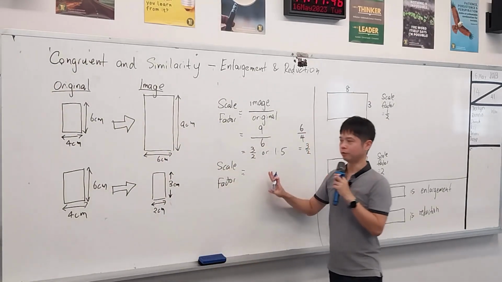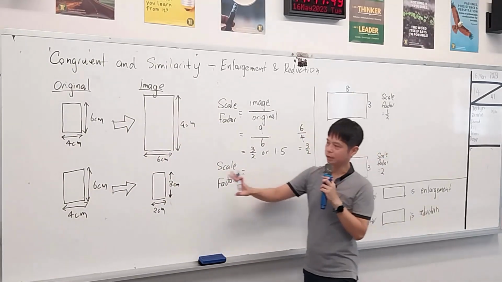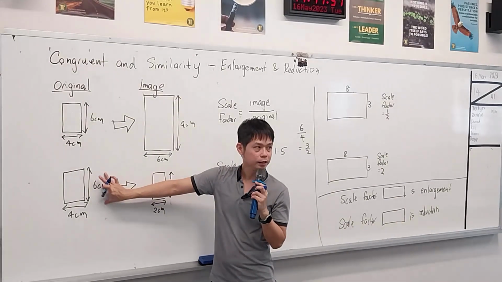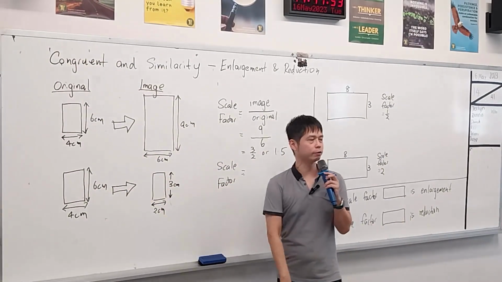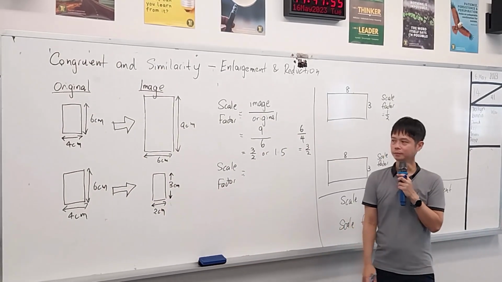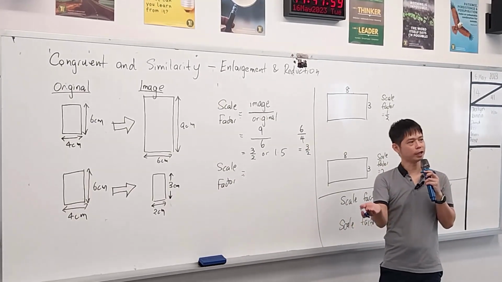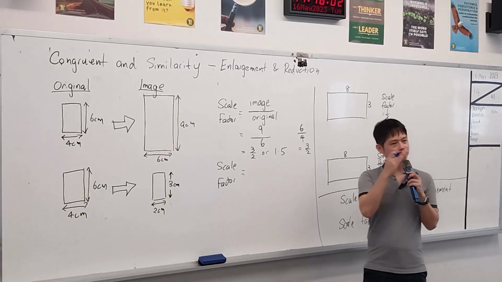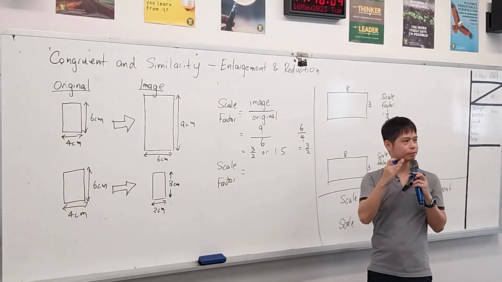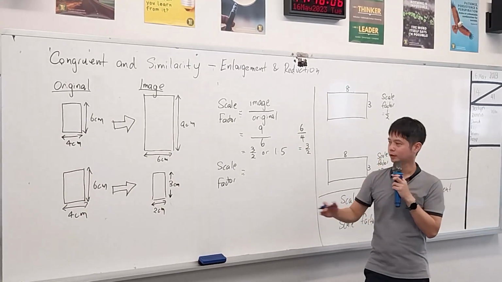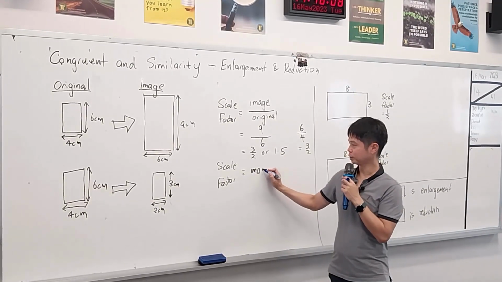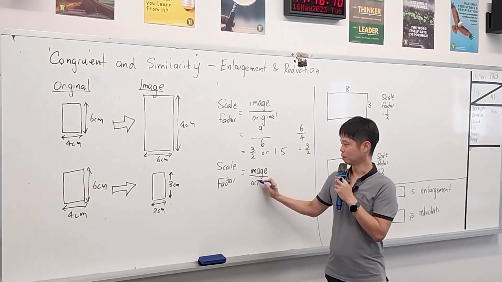All right, what about this? This is the original and this is the image. What is the scale factor? Original over image? No, that's not it. The scale factor formula is always the same. It's still image over original.